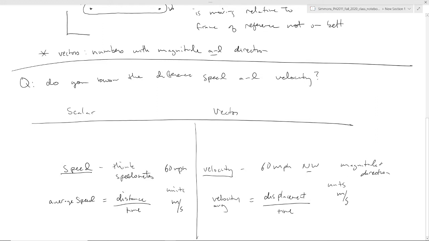But we need to define distance as well. So what are distance and displacement? We need to define those. So distance is just how far.